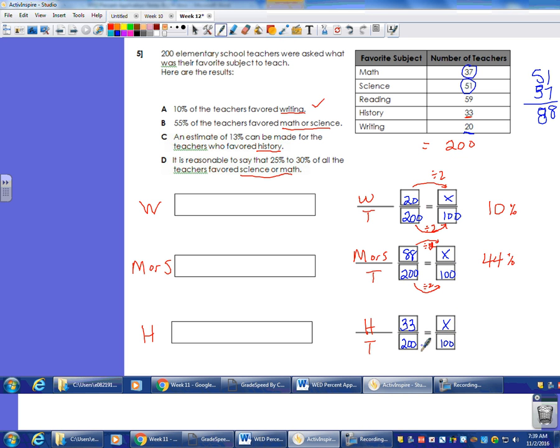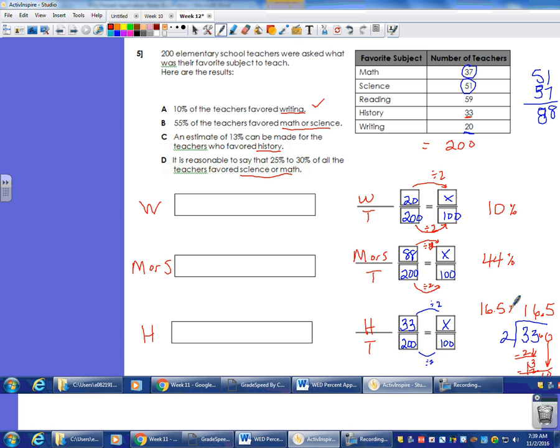I'm going to divide by 2, so I'm going to go off to the side. 33 divided by 2. 2 goes into 3 one time. 2 goes into 13 6 times, with the remainder of 1, snake bite. And 2 goes into 10 5 times. So we've got 16.5.